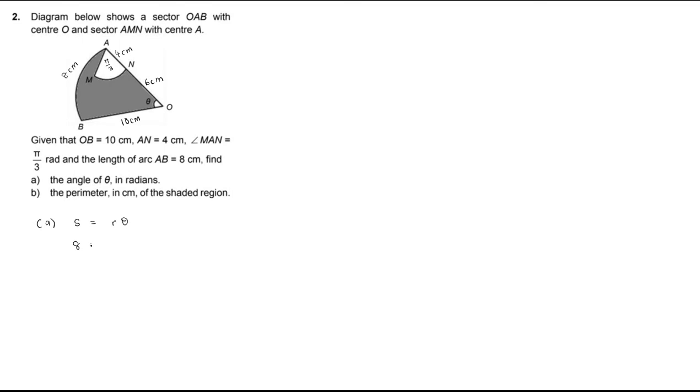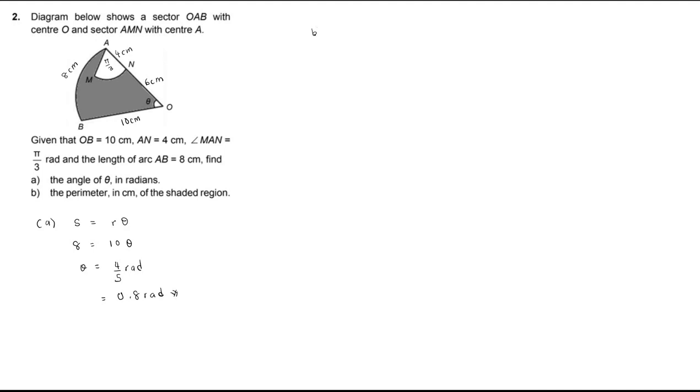S is 8 cm and the radius is 10 cm. Make sure your calculator is in radian mode. So 8 over 10 is 4 over 5 radian, or in decimal, 0.8 radian. Both are correct. That's the answer for part A.